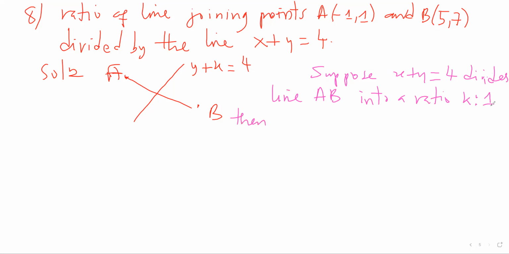Then we know that we have 5k minus 1 over k plus 1 and 7k plus 1 over k plus 1, the x component and the y component.